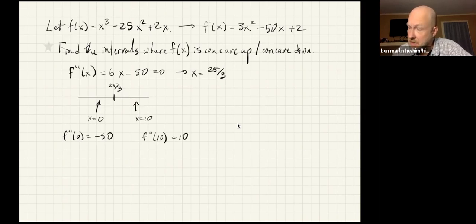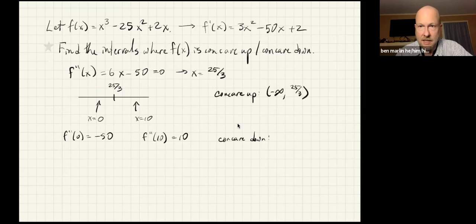So this means that when we talk about concave up and concave down, we can say that from minus infinity up to 25/3, okay? That 25/3, by the way, is referred to as a point of inflection. The place where the concavity changes is referred to as a point of inflection.